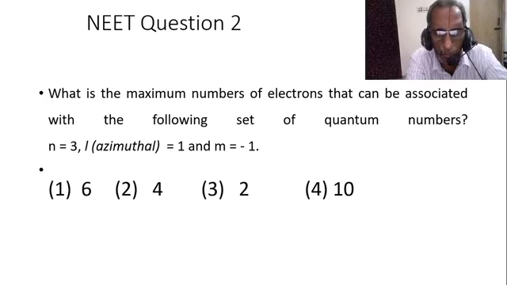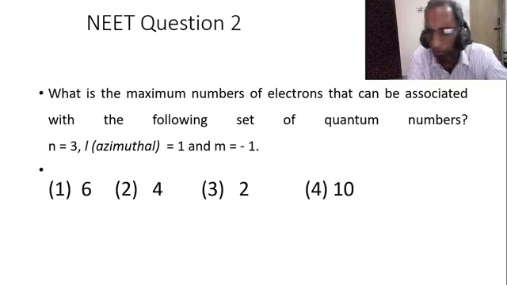We know there are four types of quantum numbers: principal, azimuthal, magnetic, spin. Here three quantum numbers are fixed: the principal quantum number and the azimuthal quantum number.